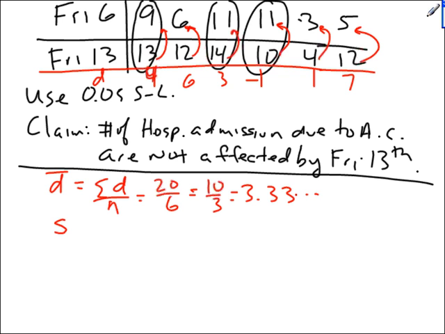If you calculate the standard deviation of those 6 numbers, you would come up with 3.01. We're doing everything with respect to the differences.